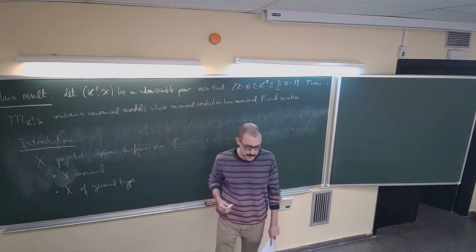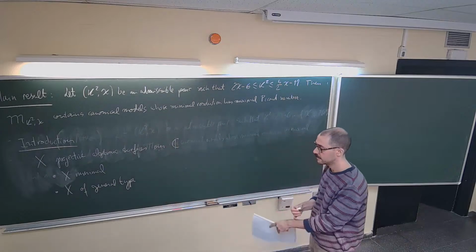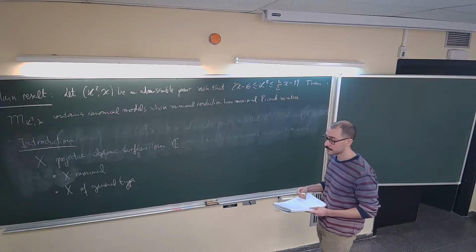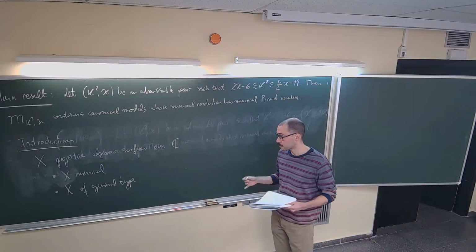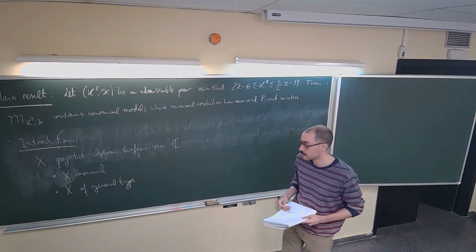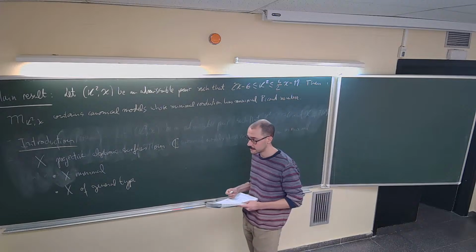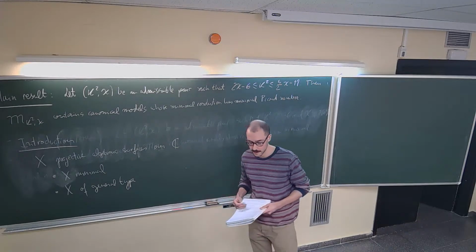We also want our surfaces to be of general type. This means that the Kodaira dimension of these surfaces is 2. In other words, this means that there is a pluricanonical map such that its image is a surface. Okay?